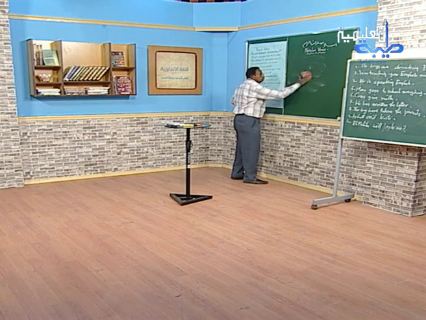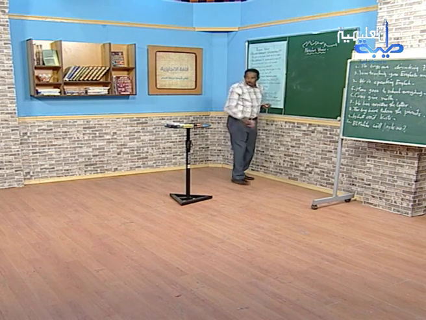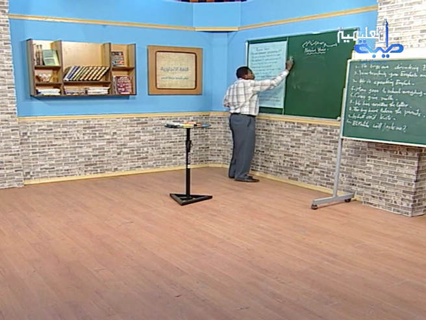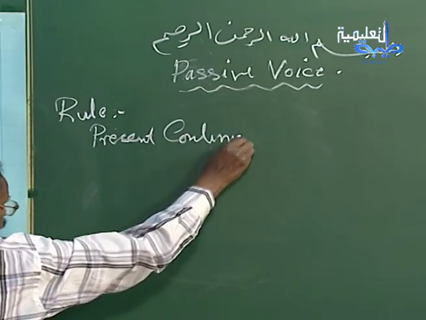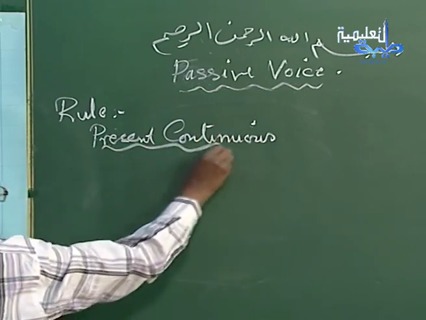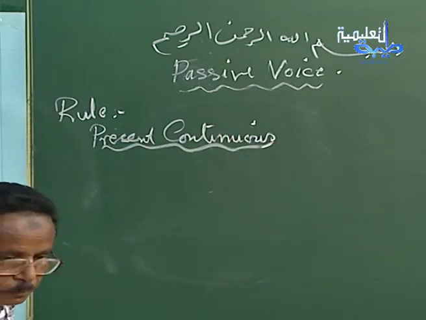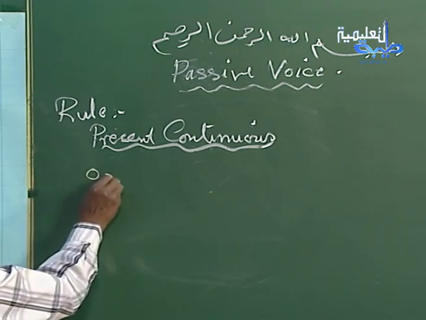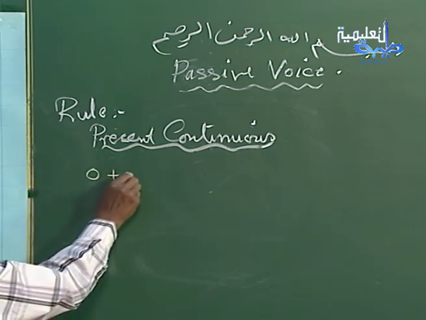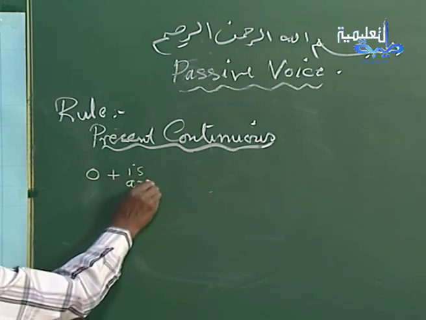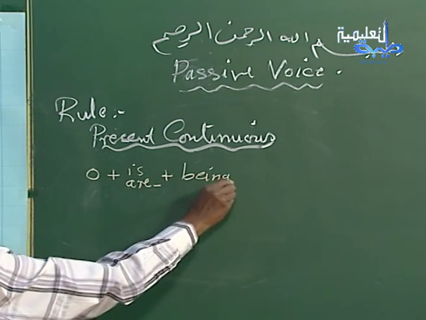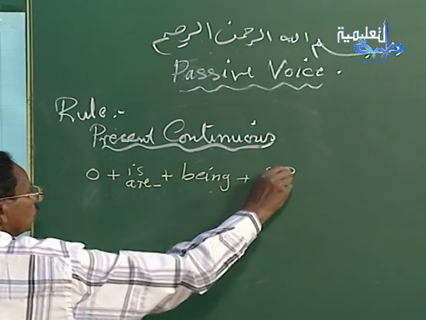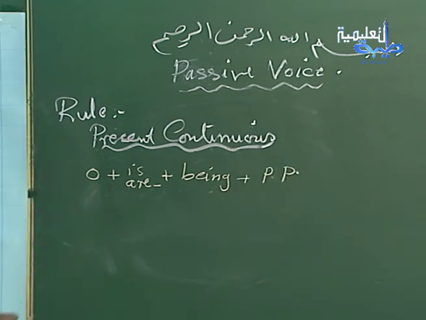For the present continuous, the rule is object plus is or are plus being plus past participle.